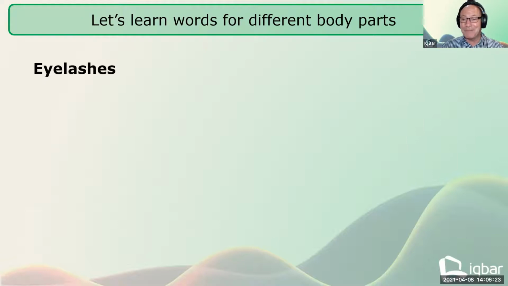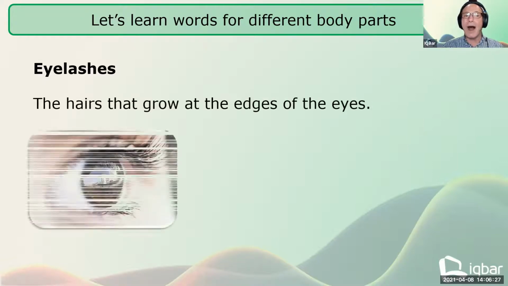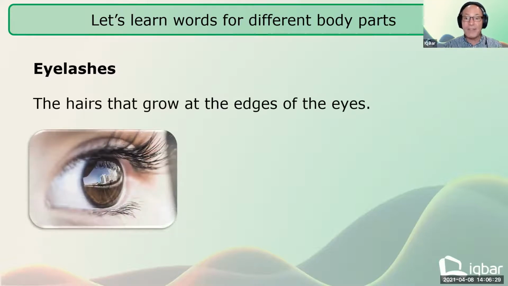Our next word, eyelashes. Now, eyelashes are the hairs that grow at the edges of our eyes. We can also touch them, and if you close your eyes, you can feel them. And they are very, very soft hair that grows out of your eyelids.